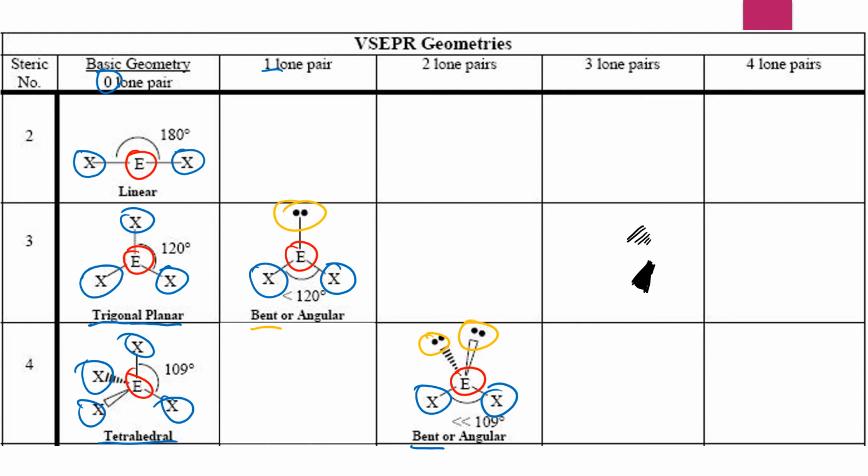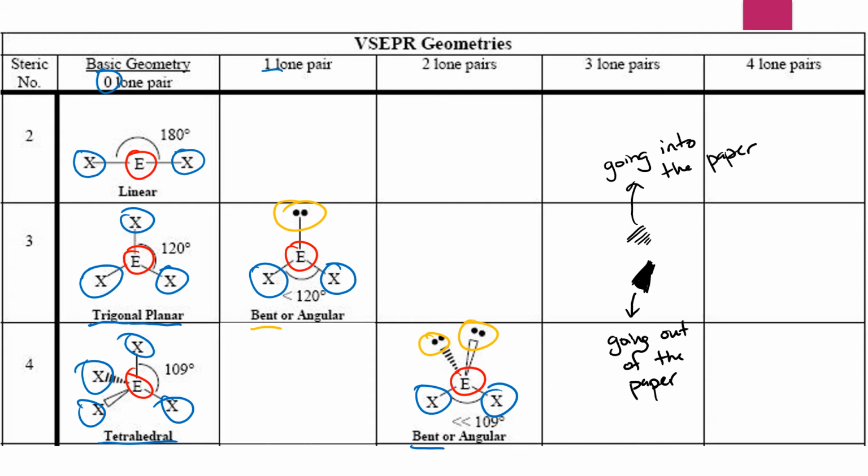This is a wedge, and it means going out of the paper. The dashes means going into the paper.